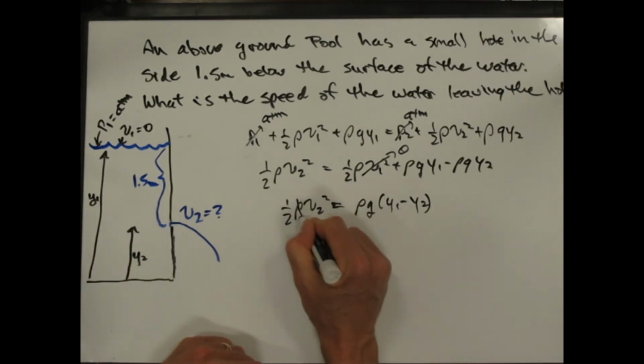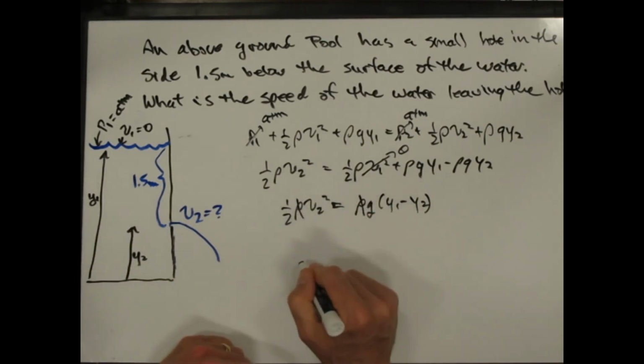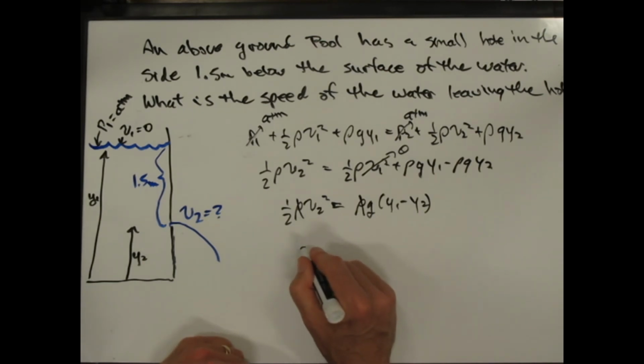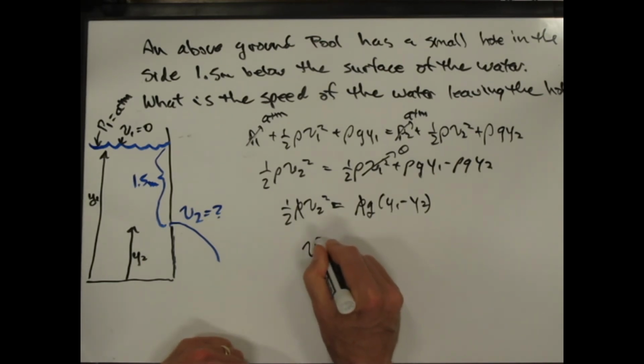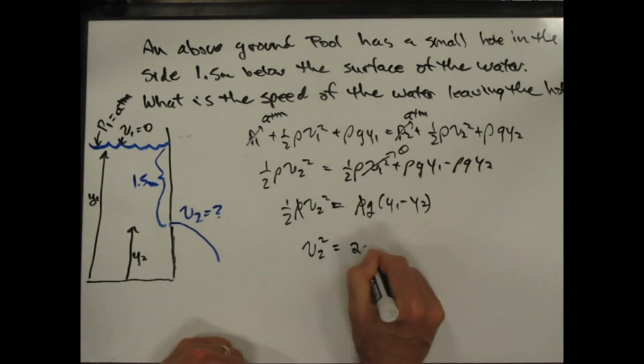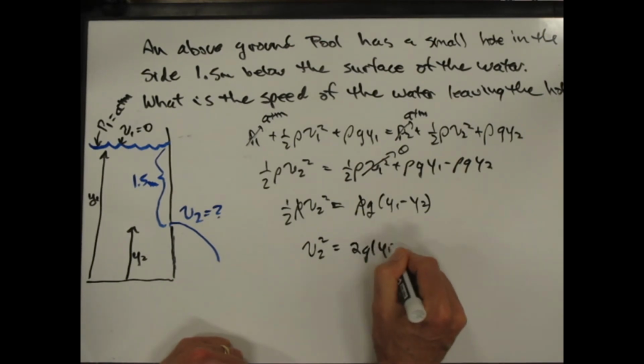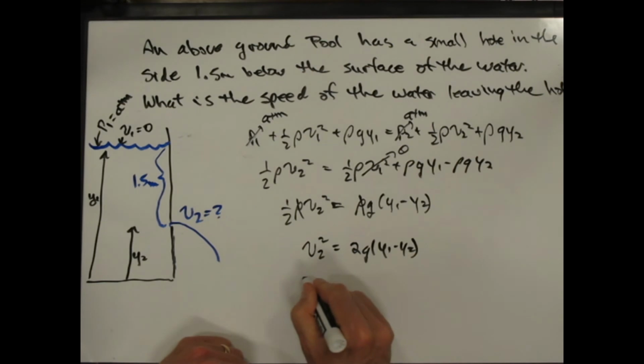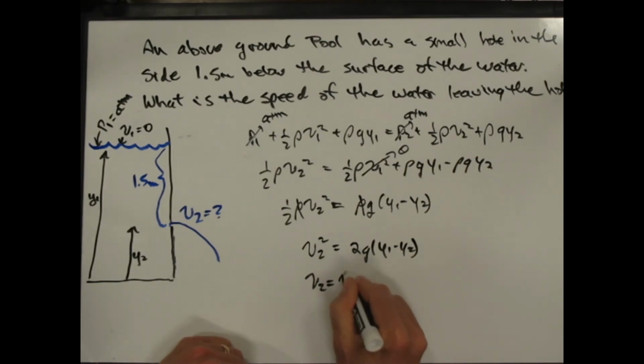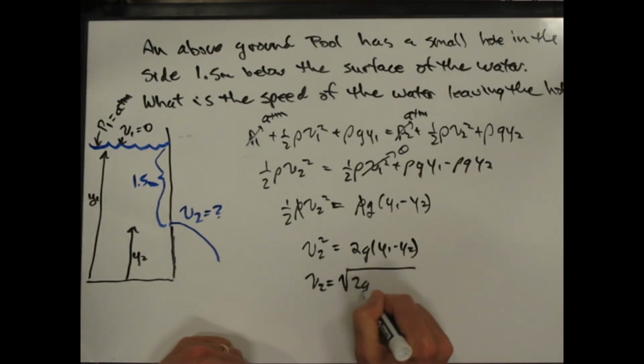And so next thing I can do is I can cancel the rhos, because they're on both sides. And this gives me V2 squared is equal to 2g times y1 minus y2, or V2 is equal to the square root of 2g times y1 minus y2.